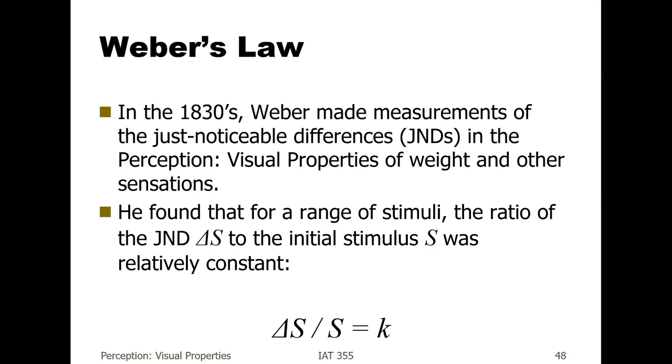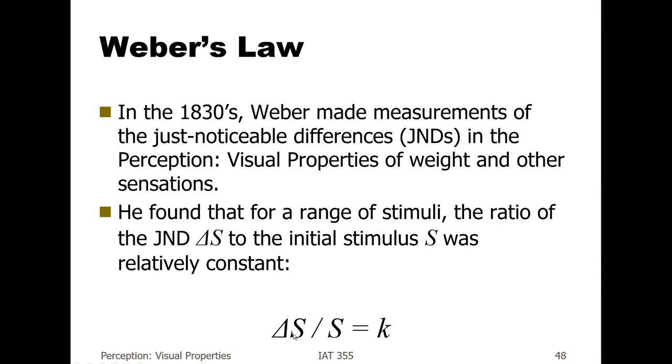In the 1830s, Weber made measurements of what are called just noticeable differences in perception. He was asking people to notice differences in weight, differences in length, and in other things that you can perceive, color being one of them. And he found that for a range of stimuli, the ratio of the just noticeable difference, delta S, to the initial stimulus S was relatively constant.